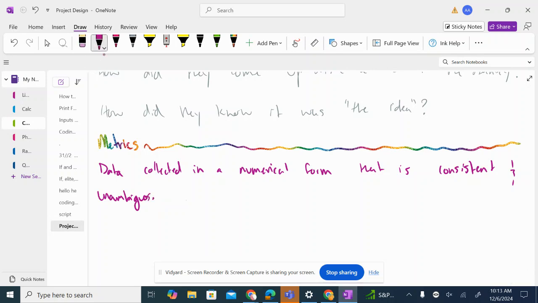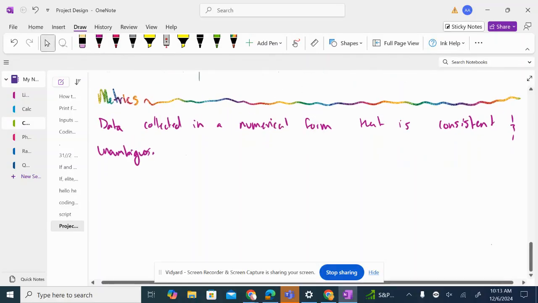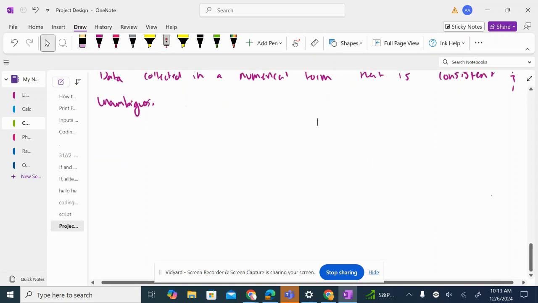And what do I mean by this? It means that if I came and you came and random Joe off the streets came, we would all get the same answer. That's why we also call it numerical. We are classifying it in terms of numbers so that it's more consistent.